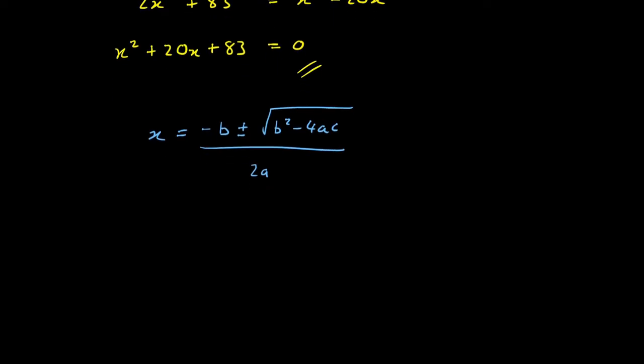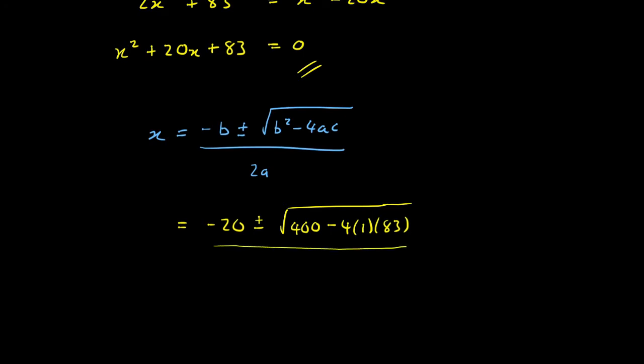We've got negative 20 plus or minus the root of 20 squared, which is 400, minus 4 times by a, which is 1, times by c, which is 83. All divided through by 2a, so divided through by 2.